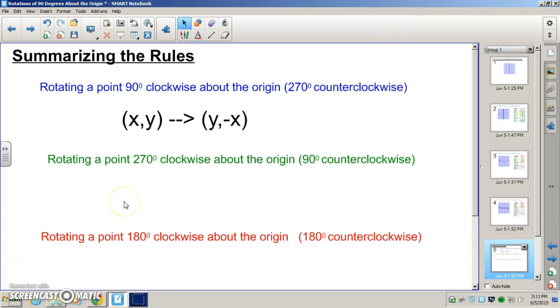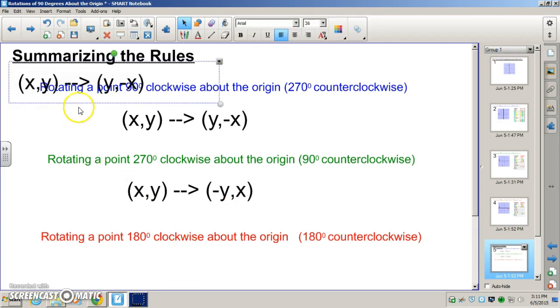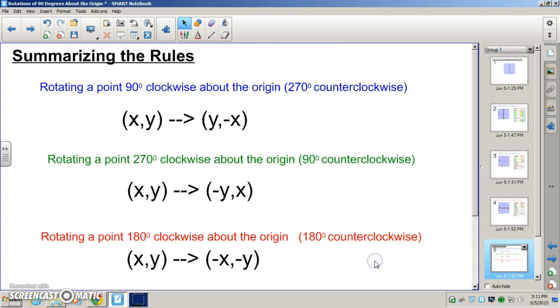At the next one, when you rotate 270 degrees clockwise, the order switches again, but the negative is now placed in the front with the Y. And when I say negative, it does not mean it's negative, it means it switched signs. And the last one, when you do it twice, the 180 degrees, clockwise or counterclockwise, the order stays the same. XY goes to XY, but both of them switch signs. So hopefully these patterns are shown in this video for you.